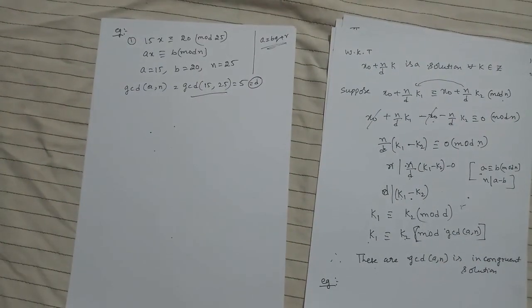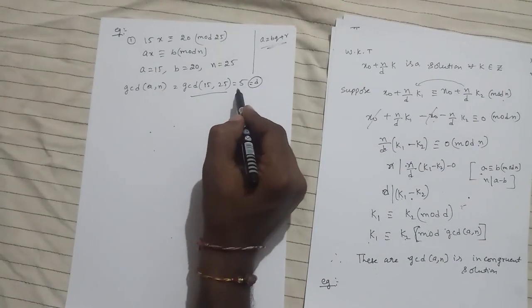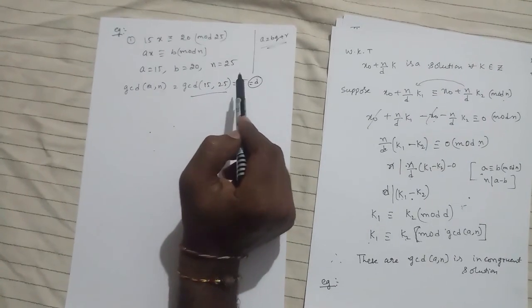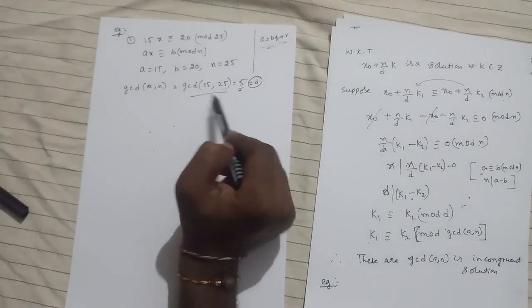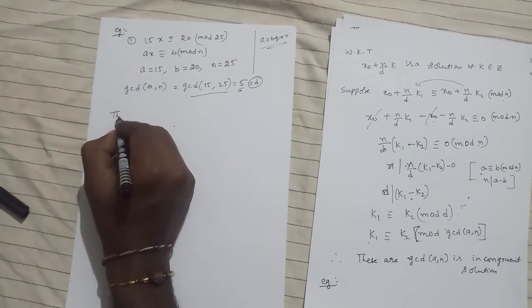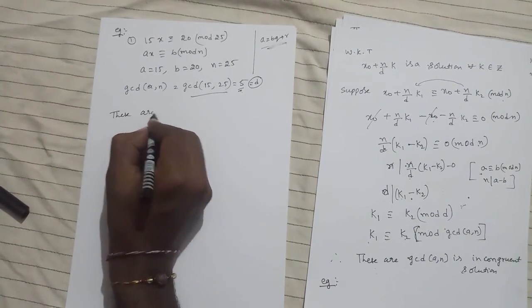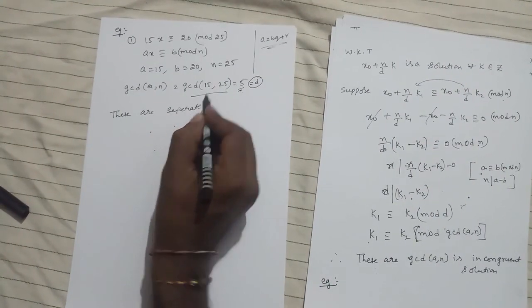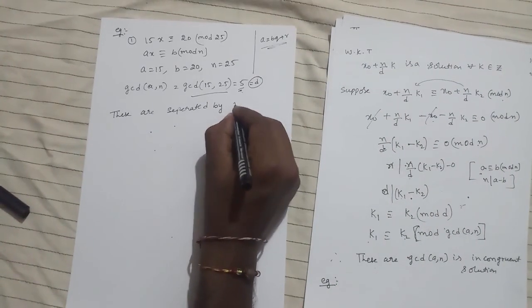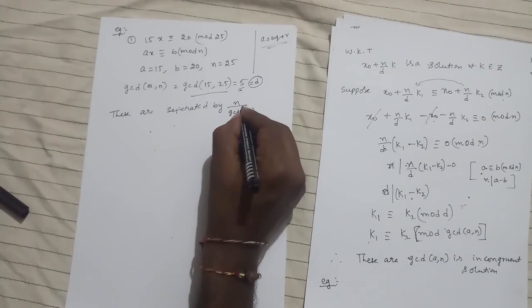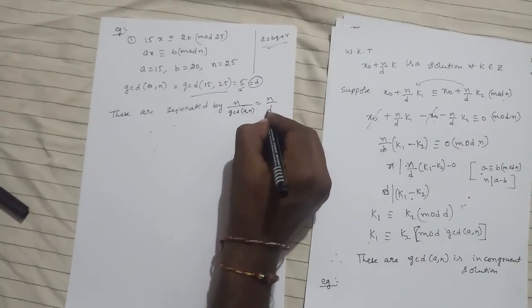Now that means for this equation you have 5 solutions. Remember, you have 5 solutions. These are separated by n divides GCD of a comma n. So n divides d, right?